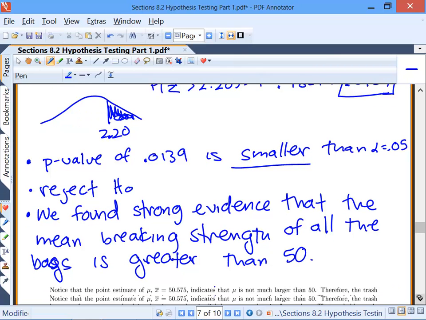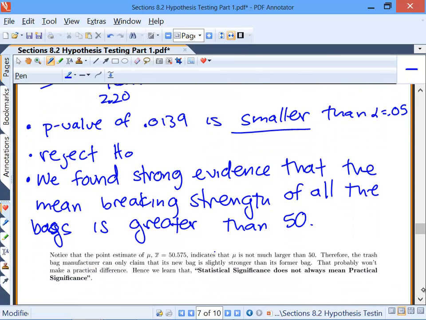And so even though you're sure that it is greater than 50, it's really not that much bigger than 50 to make a practical difference. So even though we know that it was statistically significant because we got a small p-value, that doesn't mean that it is practically significant. Practically significant means it makes a difference to us in real life. So keep in mind, sometimes when they say, we're very sure that it is bigger than 50, you might want to ask them, how much bigger is it than 50?